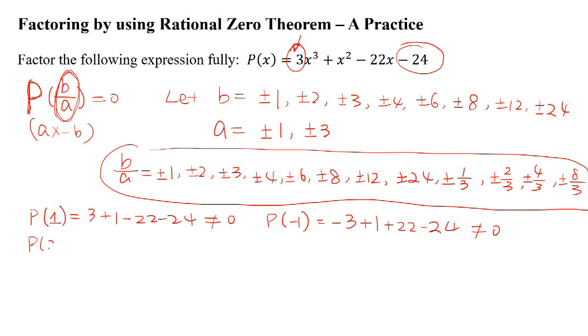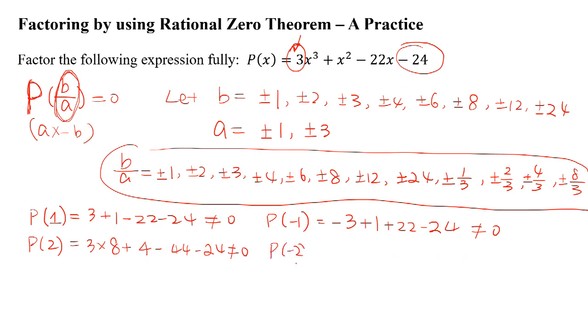Okay, next let's check P(2). P(2) is 3 times 8 plus 4 minus 44 minus 24, which is not 0, right?